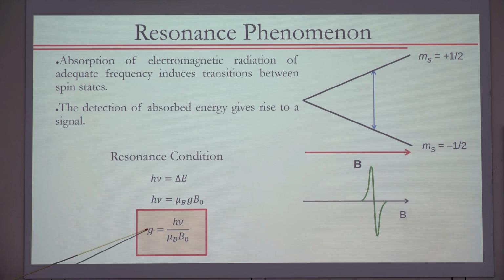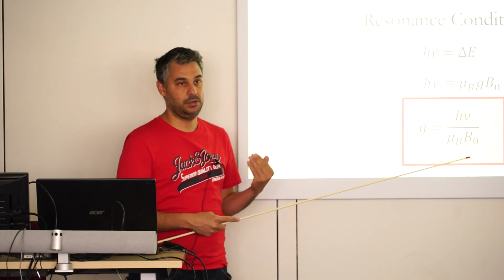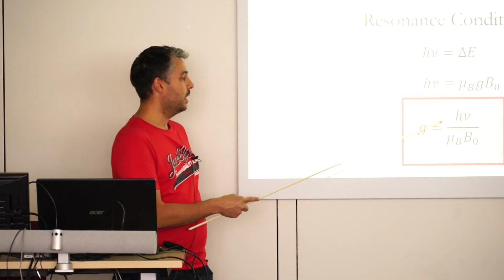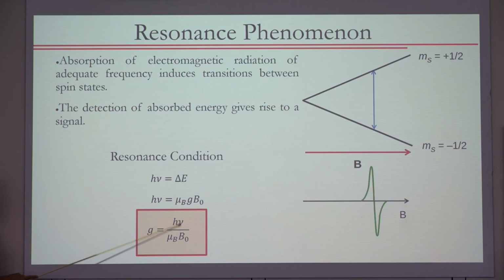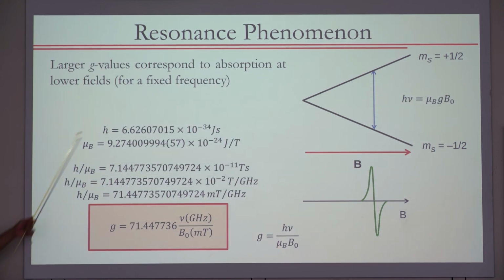Okay, so you can calculate the g value, which is related to the position of the resonance, with this formula. It depends on the frequency and inversely on the magnetic field. These are all different units and numbers for the different constants that appear, and you can use this formula if you use the frequency in gigahertz and the magnetic field in millitesla to calculate the g value.